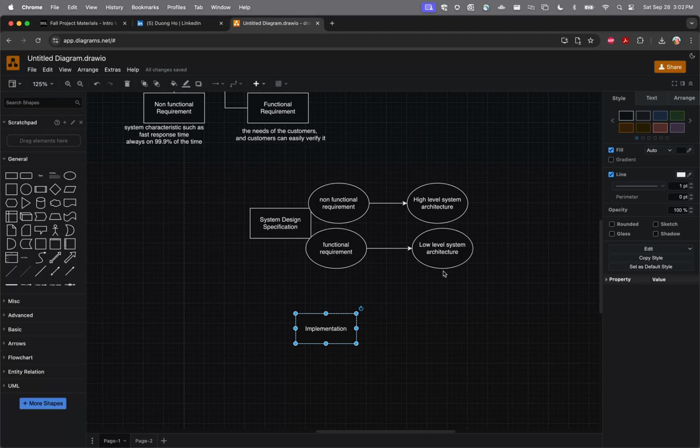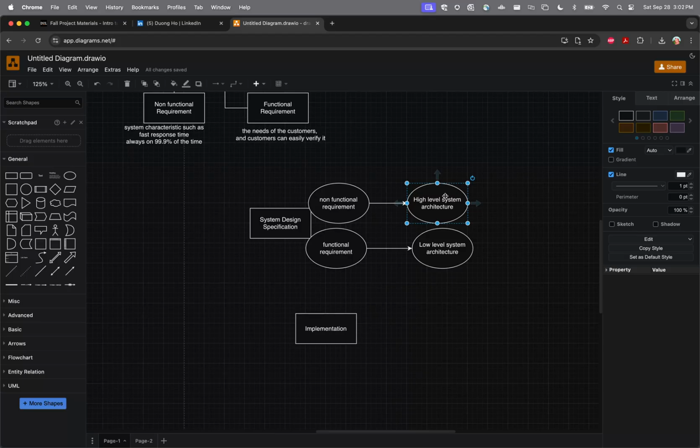The high-level system architecture is just creating more copies of your system, and nowadays that is usually handled by the development pipeline that most companies have, but we will talk more about it in system design class or software architecture class.